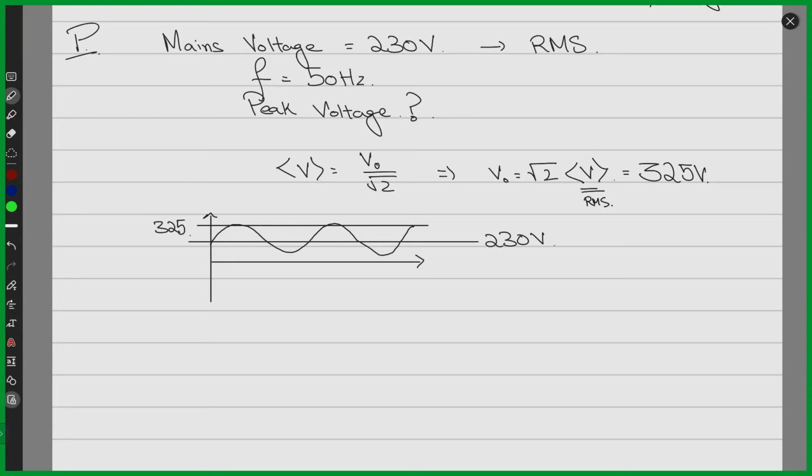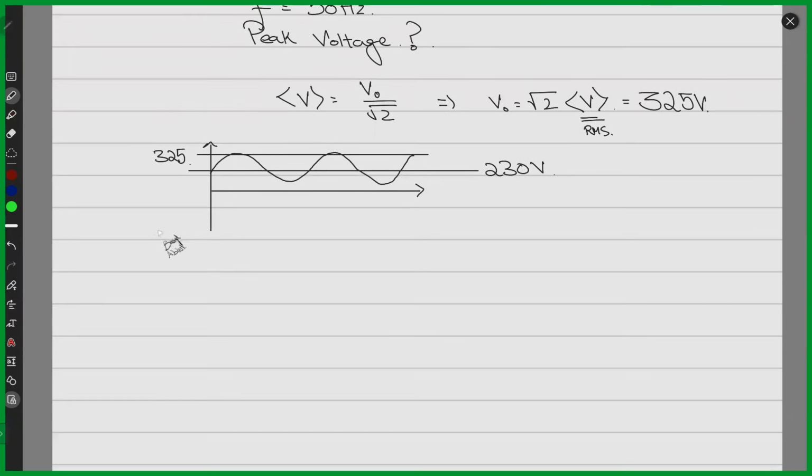Now, if you want to compute the energy that was dissipated, let's continue this problem and say that you want to calculate the energy loss when an electric fire of resistance 25 ohms is run from the supply for 1 hour. So I have a resistor of 25 ohms.